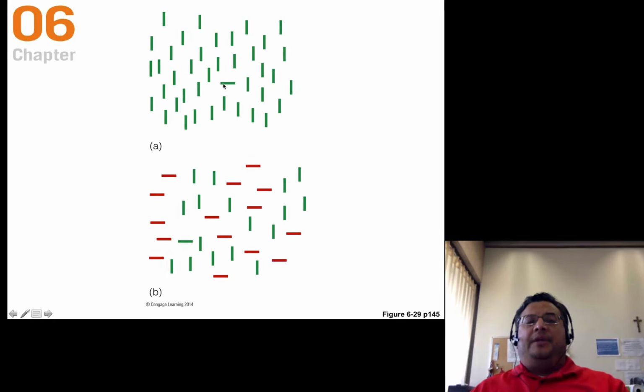This horizontal green line is very easy to find because it's basically one feature that's different. But this horizontal green line is much more difficult to find, because we're having to sort among two different types of dimensions. We're sorting across the orientation of the line and the color of the line. So hunting for this horizontal green line is going to be much more difficult in this sea of complexity compared to this hunt here.